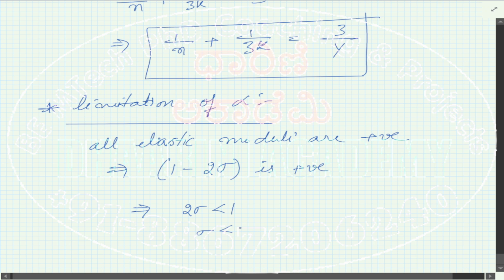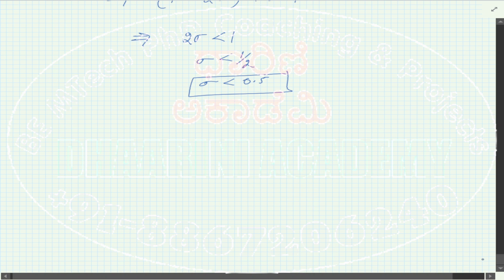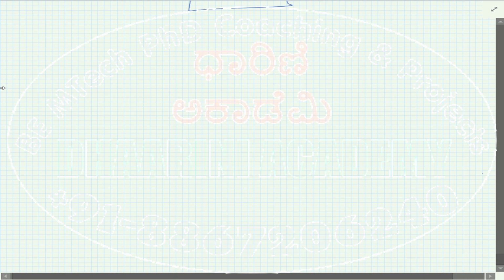So sigma should be less than 1 by 2, or sigma should be less than 0.5, is the condition, so that every modulus we are seeing there should be positive. All right, then let's go to the next concept.